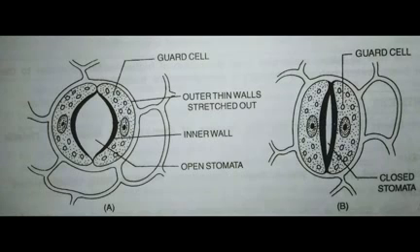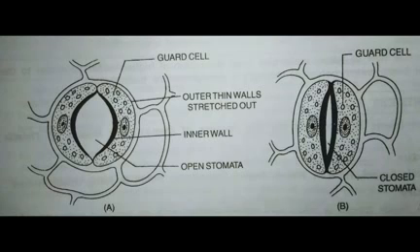These we call the vascular system of plants. Now, in case of transportation, first we will study absorption of water and minerals. The root system of the plants is mainly responsible for the absorption of water.